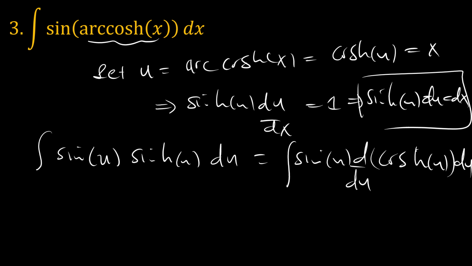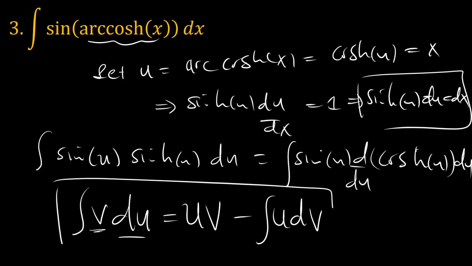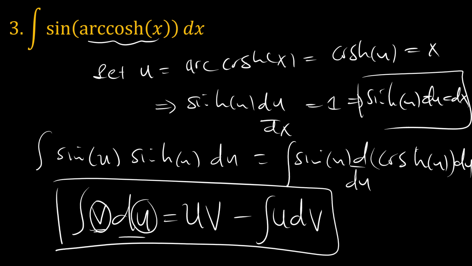And so we can use integration by parts, which tells us that if you are integrating a product of two functions where one is v and the other is the derivative of a function U, we have a product of uv minus integral of u dv. In this scenario, our v is sine u, our u is cosh of u.